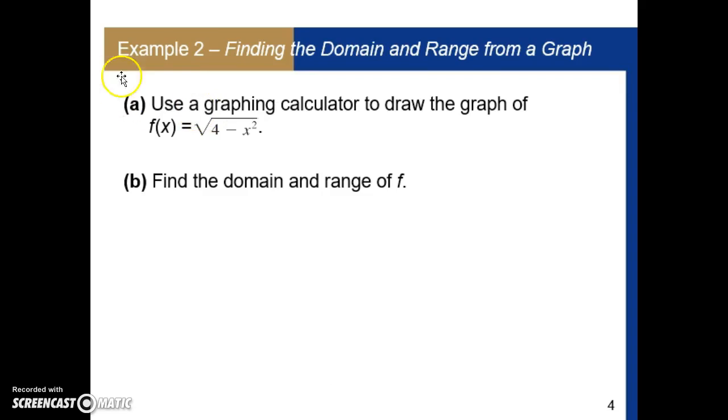So let's look at this function. This says to use a graphing calculator. We don't need to. We can draw this function, or we'll look at a graph of it in a minute. So let's just talk about what we are going to get in trouble with in domain values for this function.